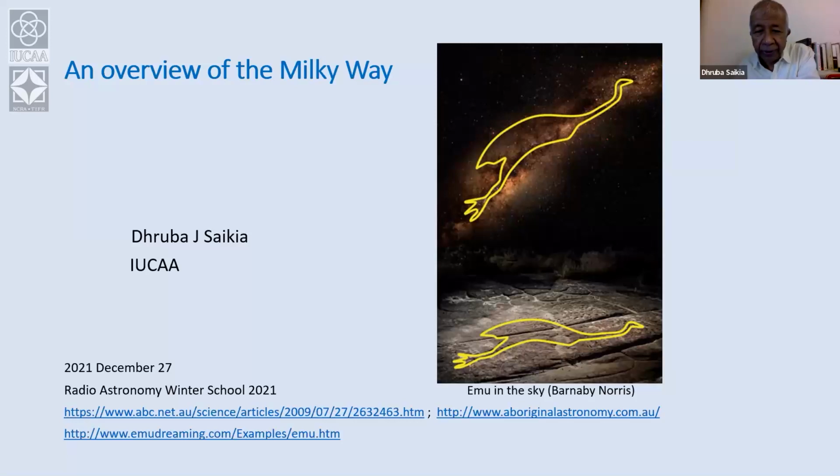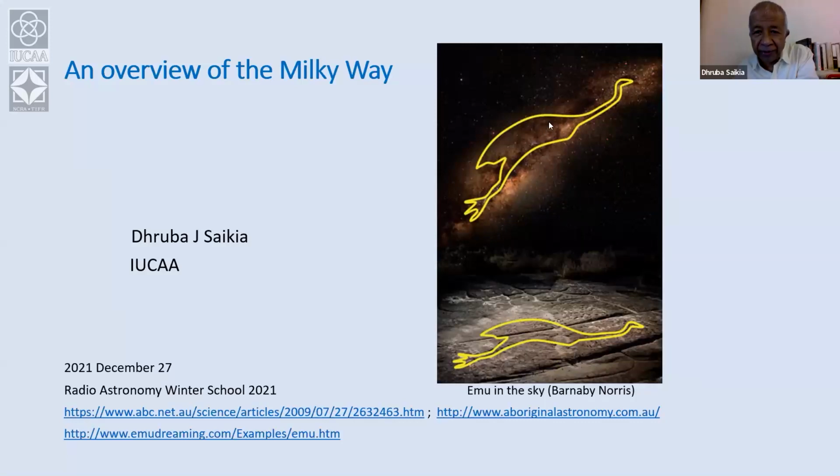And although in the northern hemisphere and many civilizations, the myths and legends are driven around the constellations, you'll find that among the Aboriginal Australians, there are a lot of stories about the dark spots, which we shall see in a short while, in the Milky Way.